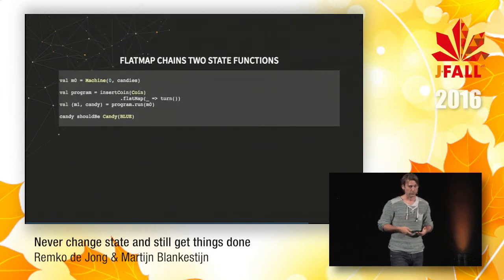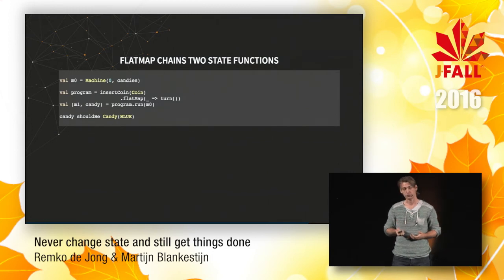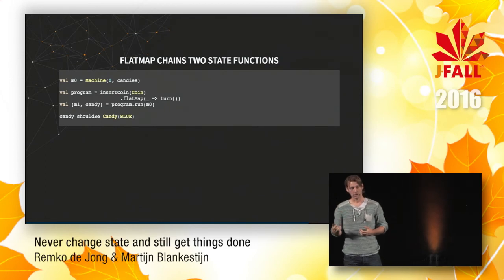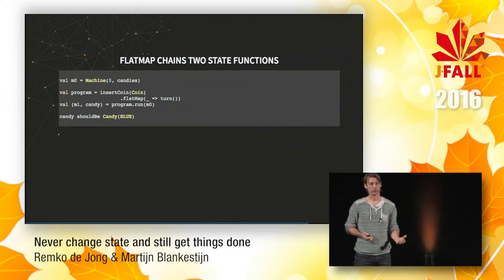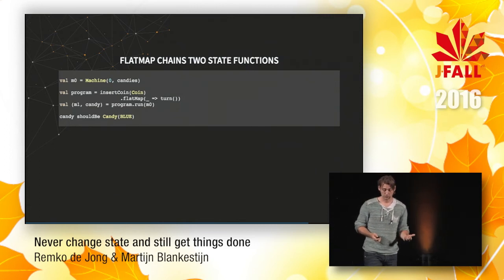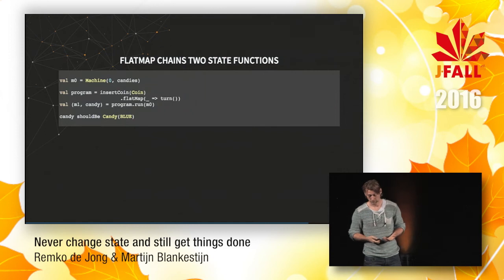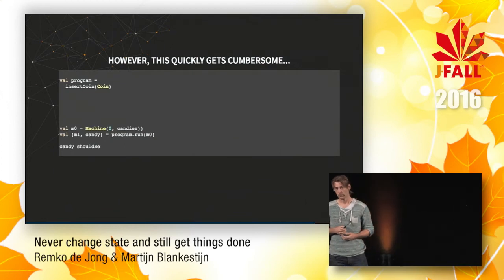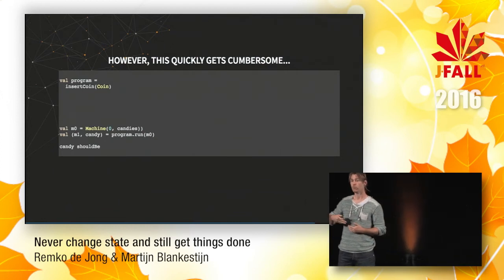So if we take this for a spin, we can now compose our insert coin function together with the turn function. And if we run that program, it should return the candy. However, suppose we want to do more steps.